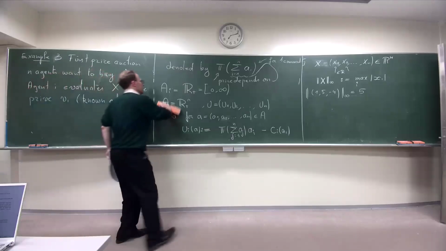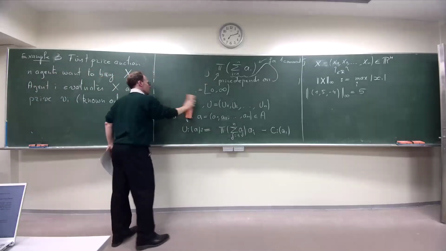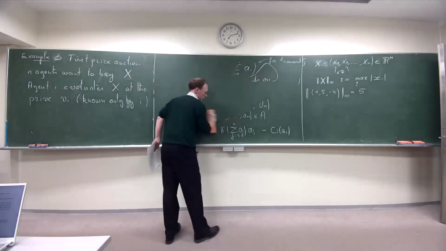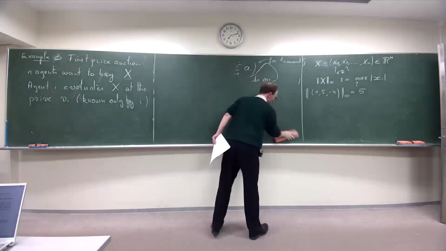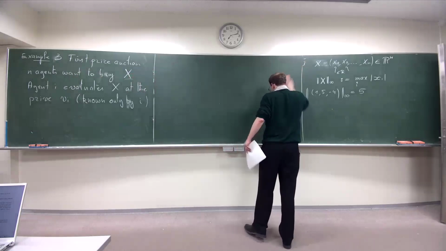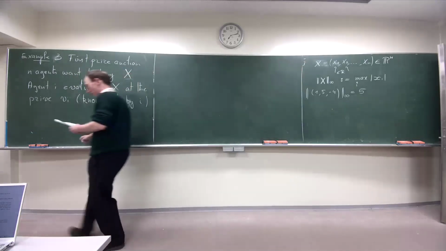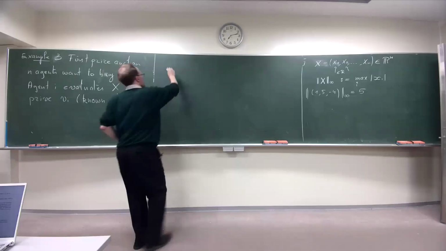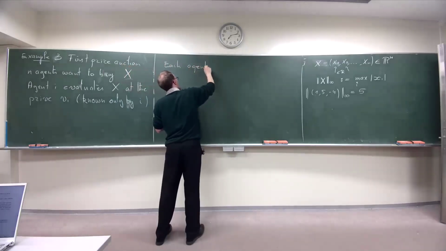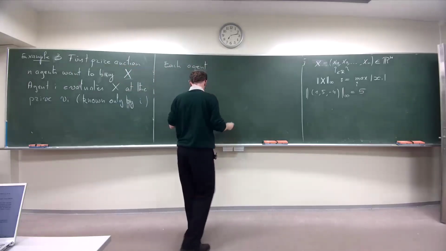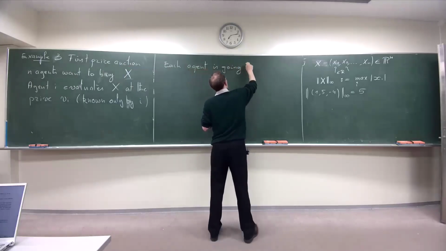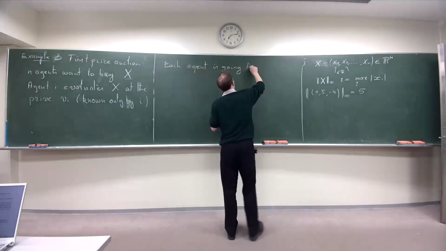And now what is the game? Everybody is going to give a number. And the one with the highest number is going to win, but he has to pay the highest price. So each agent is going to propose a price.